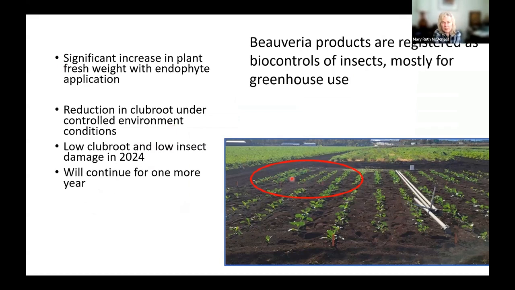And we're quite interested in this improved growth. We see the reduction in clubroot under the greenhouse. We're going to try this one more year in the field and the greenhouse. There's a concern that, like so many biocontrols, they work great under controlled conditions, but as soon as you put them in the field, not as effective for various reasons.